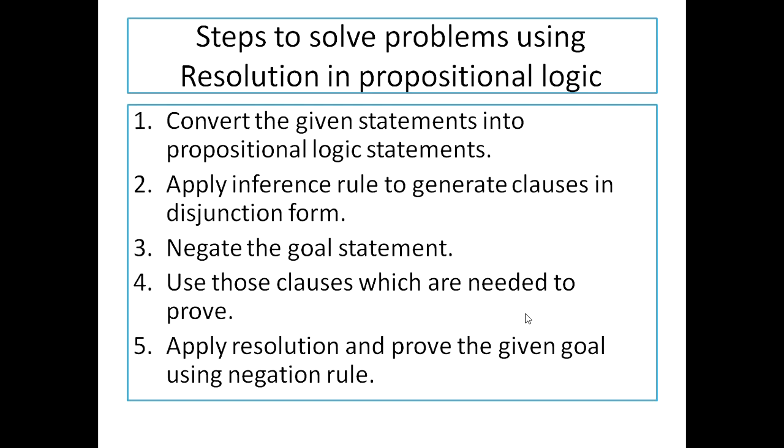Then we negate the goal statement, and then we use those clauses together to prove the negated goal statement. When we apply the inference rule, we should check the contradicting literals, because we are trying to prove the statements through negation. And once you prove the goal statement, you can verify the result. You can construct a graph-like structure to check whether the logical conclusion is correct.